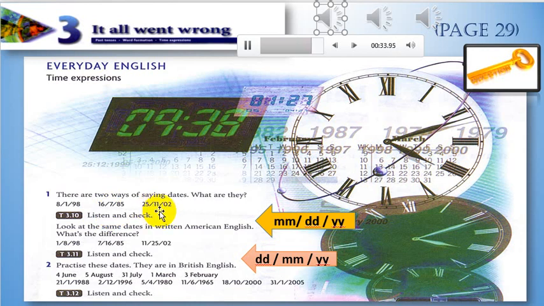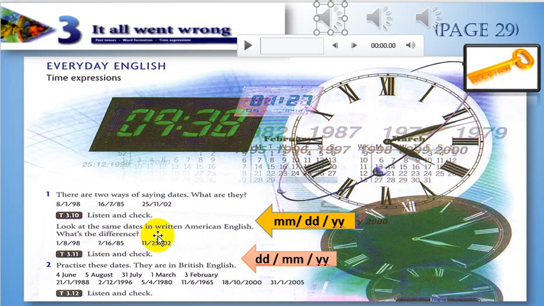November the 25th, 2002. As you heard, there are two ways. First, they say the day, then the month, and last the year. The other way, they say the month first, then the day, then the year. Okay?